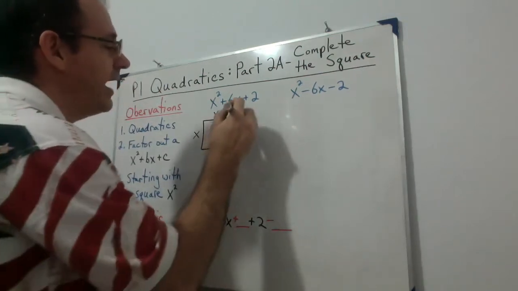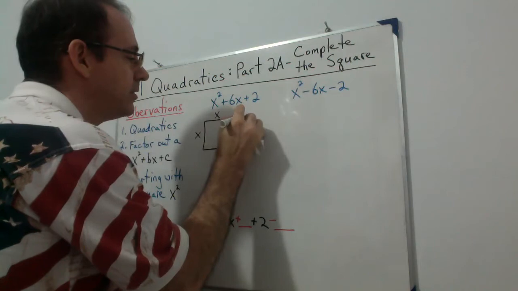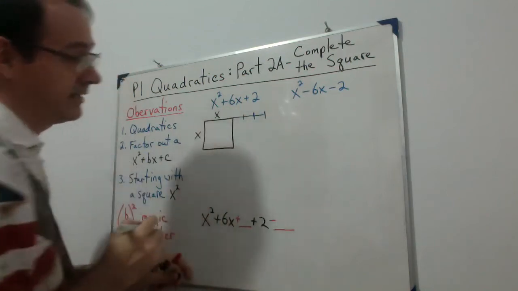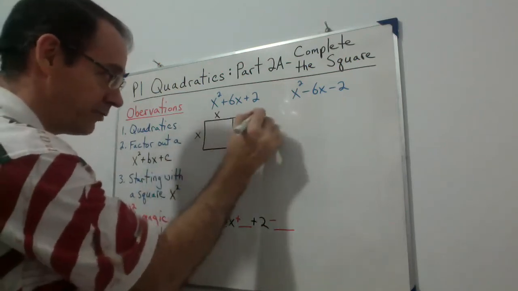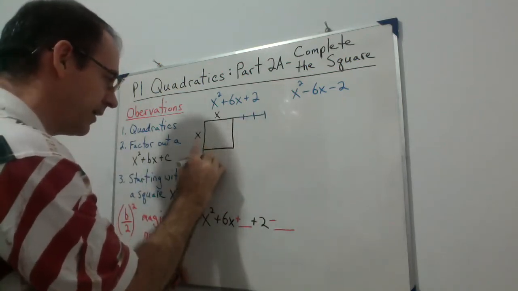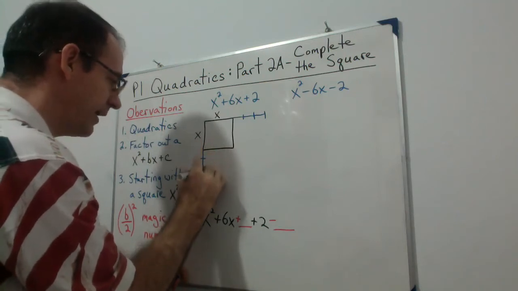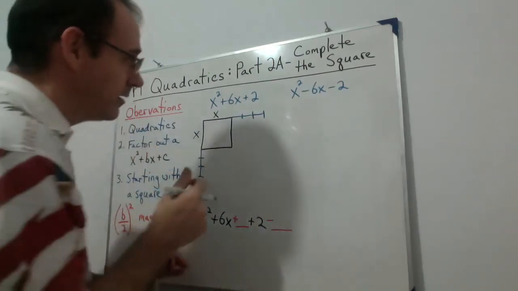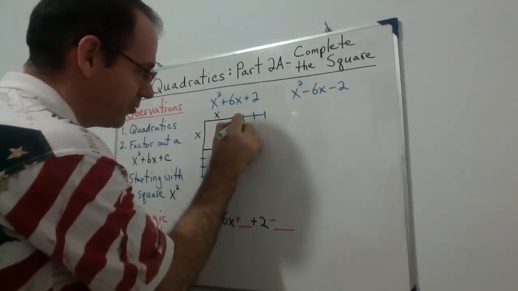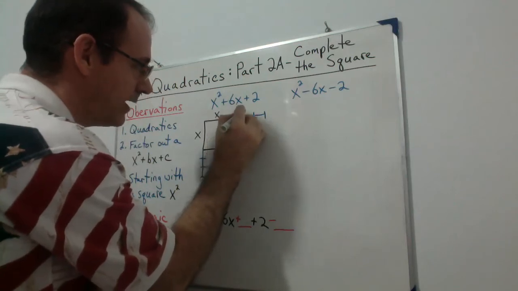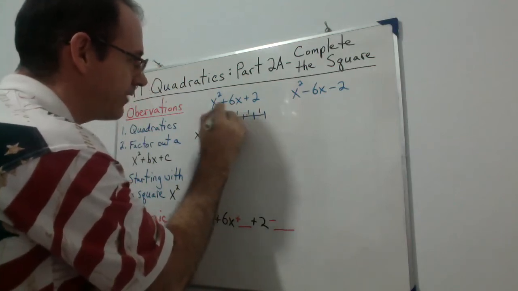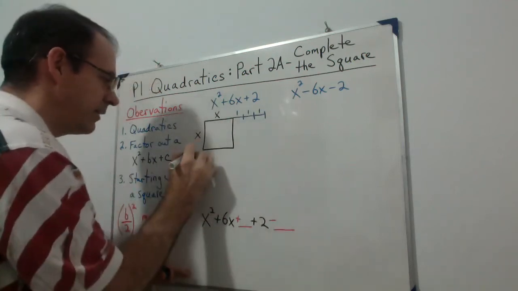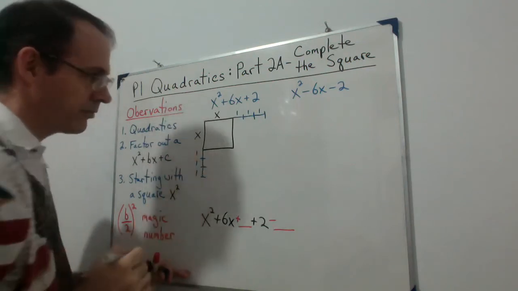So we're going to add 3 units to each side. We do 3 on that side, and we need to also do 3 on this side so that we have maintained our square shape. These are units of 1 in length: we've added 1, 1, 1, so 3 on this side, and 1, 1, 1, 3 on this side.